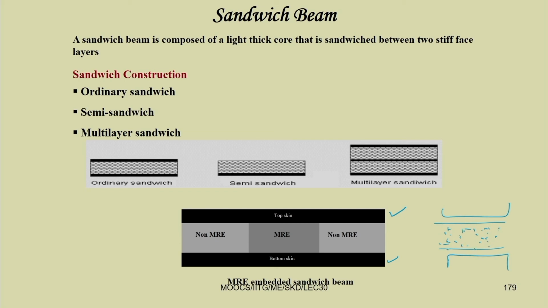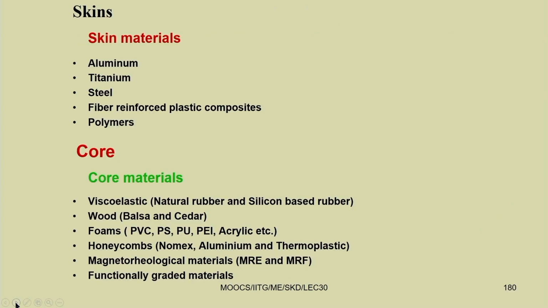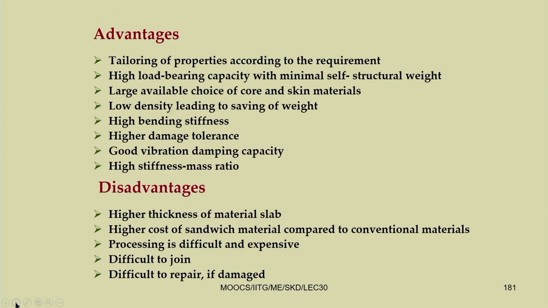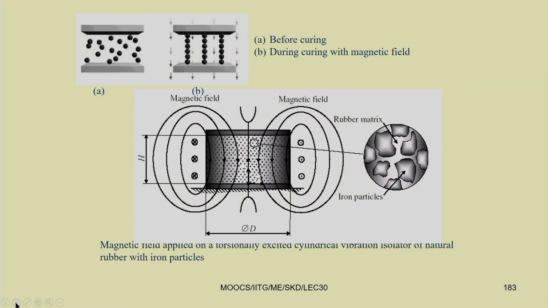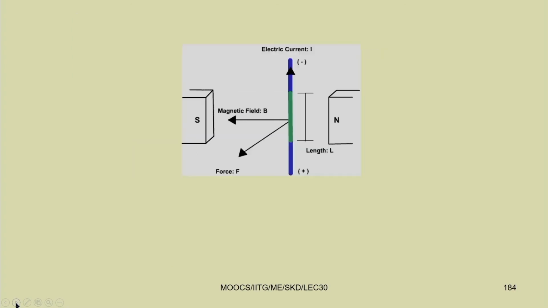Due to this alignment of the iron particles, the Young's modulus, which is a complex number, changes, that is, the stiffness and the damping property of the material change. We can have different skin materials and also different core materials. You can go through all these things. There are several advantages and disadvantages of this magneto-rheological elastomer. This is the basic principle, which I already told.